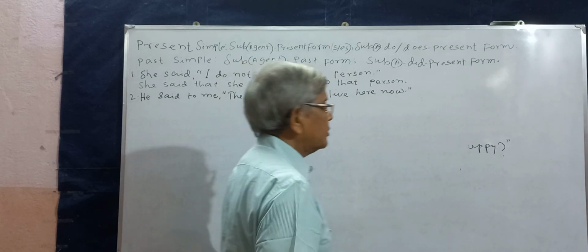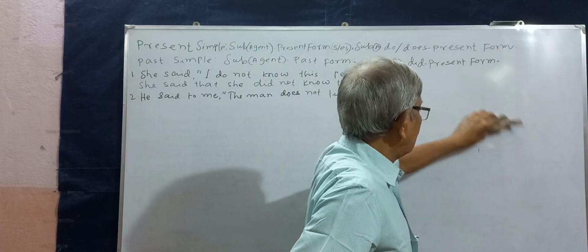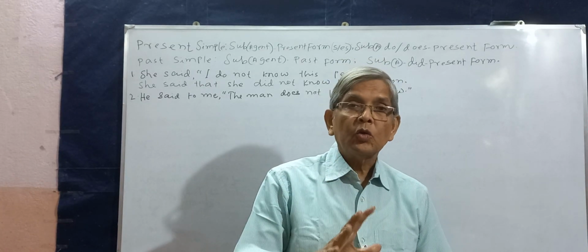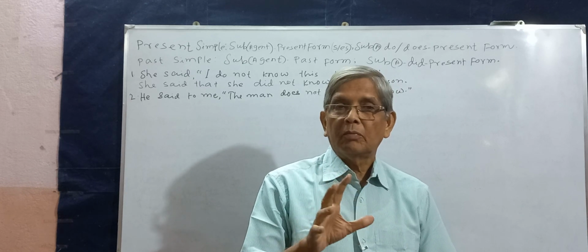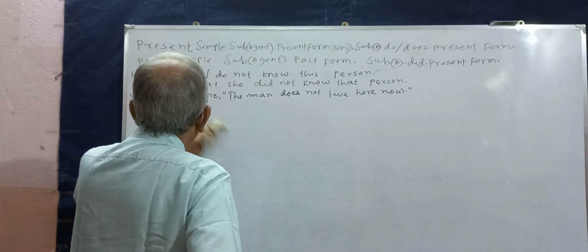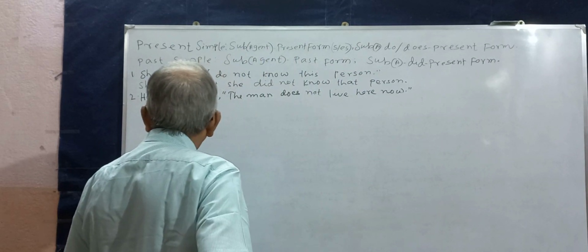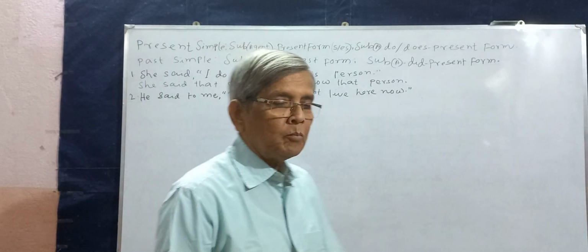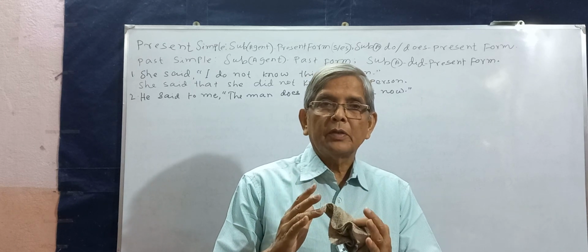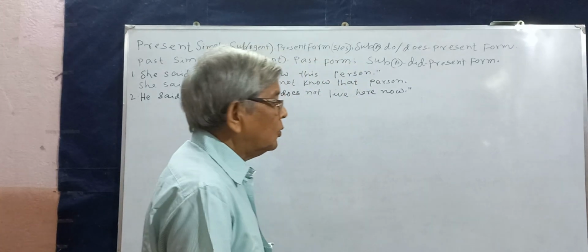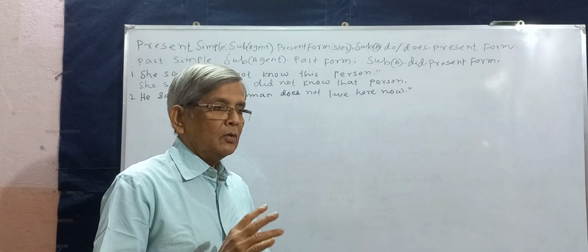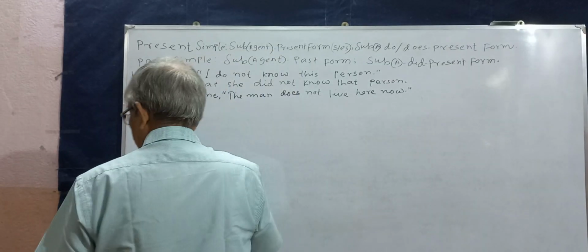Pay attention to your lessons is a positive imperative sentence, while do not neglect your lessons is a negative imperative sentence. So we use do mainly to form negative imperative sentences. And an imperative sentence is formed in the present simple tense. So we say pay attention, do not neglect, etc. Always present simple tense. And the subject is you, which we do not usually mention, but in special situations we can mention the subject.